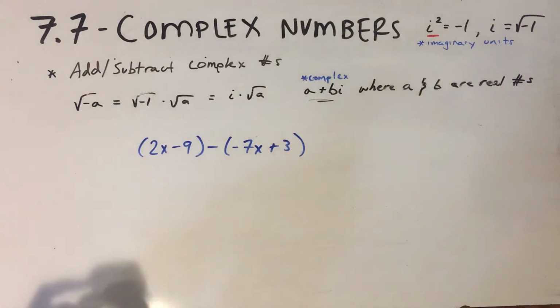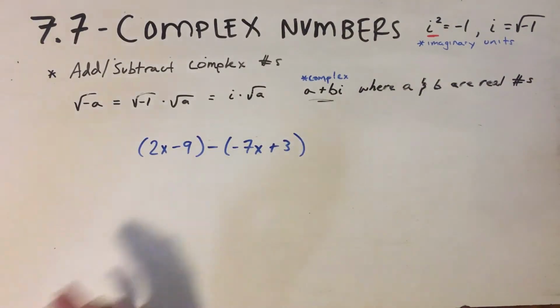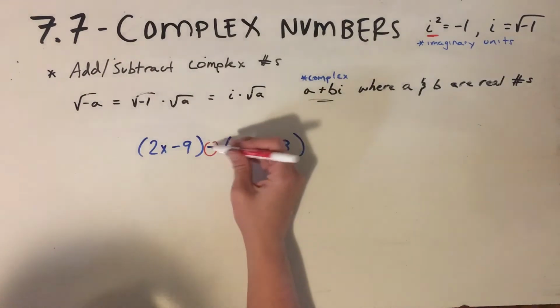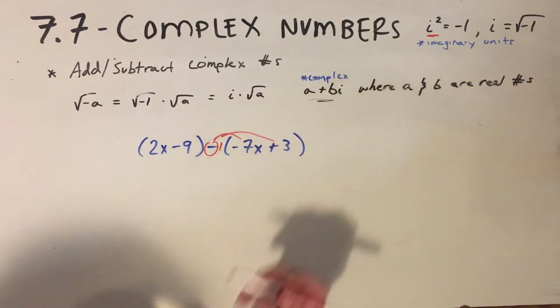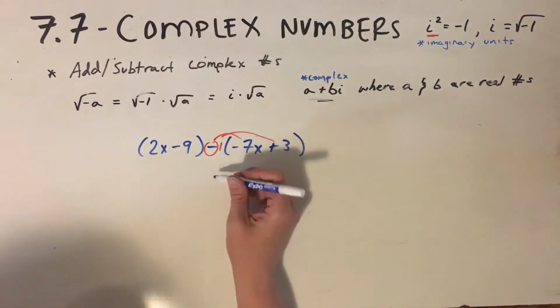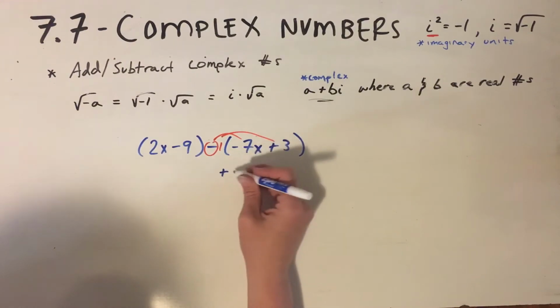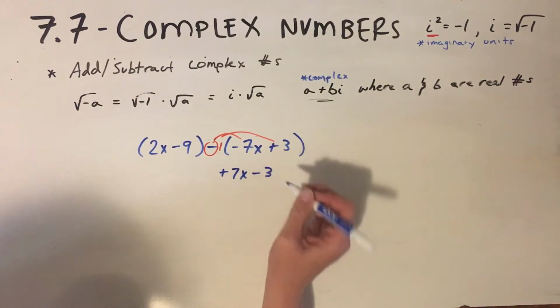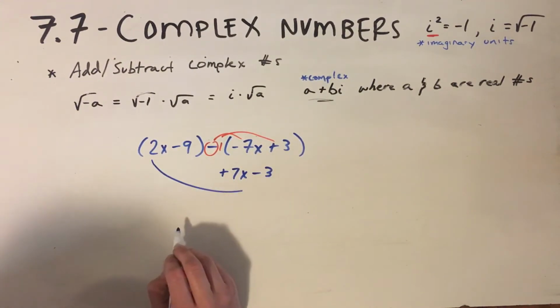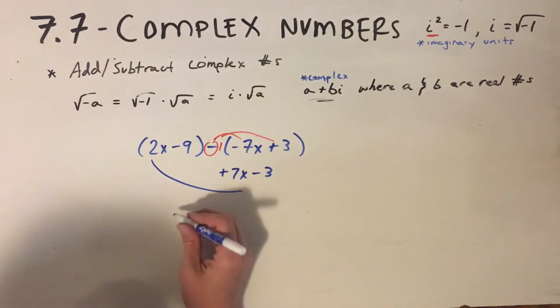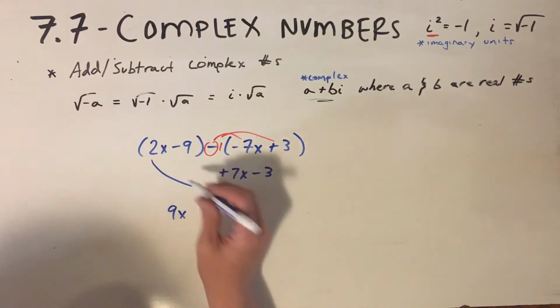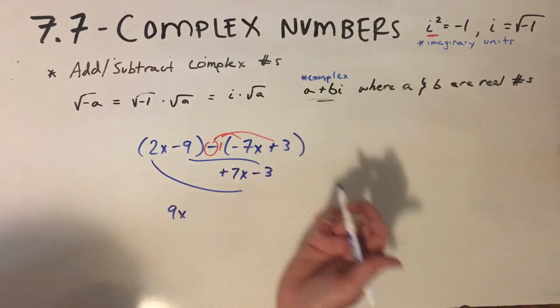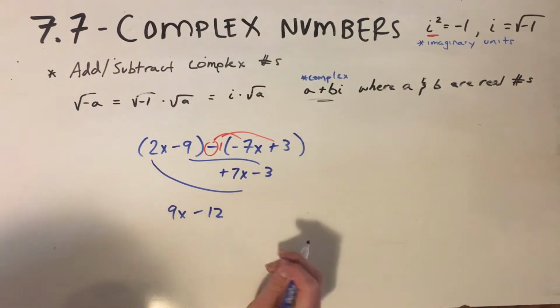This negative belongs to all of the terms that come after it. So this is as if I'm taking a -1 and distributing it in. So really I'm going to have a plus 7x and a minus 3. And then I'm just going to combine. So 7 and 2 is going to give me 9, talking about x. And -9 and -3 is going to give me -12.